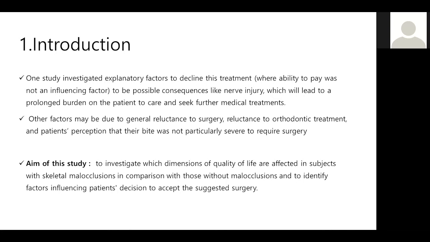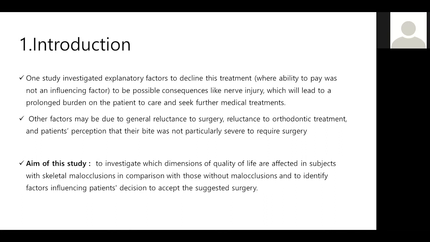Other factors may be due to general reluctance to surgery, reluctance to orthodontic treatment, and the patient's perception that their bite was not particularly severe to require surgery. In the current literature, no predictors have been identified regarding orthodontic surgery acceptance.